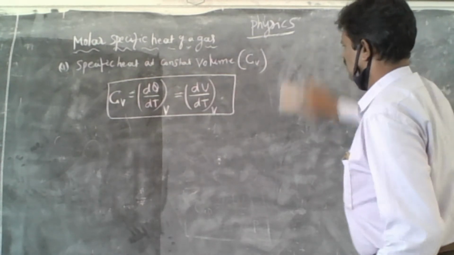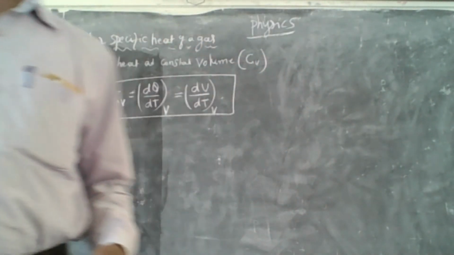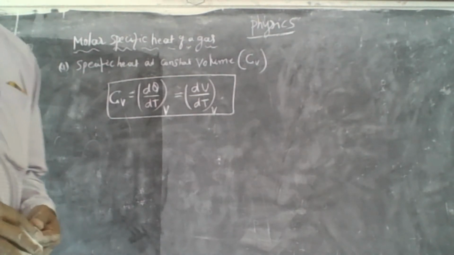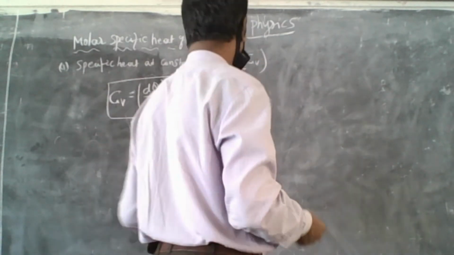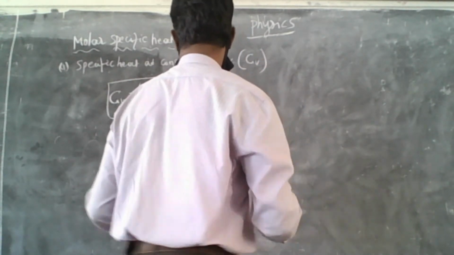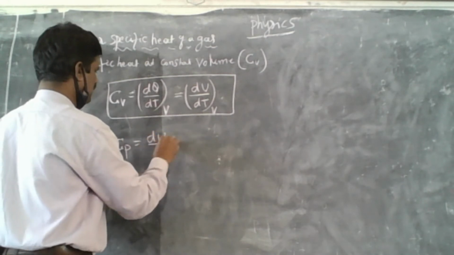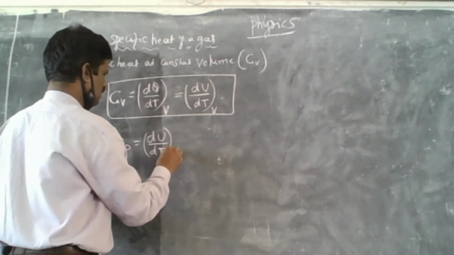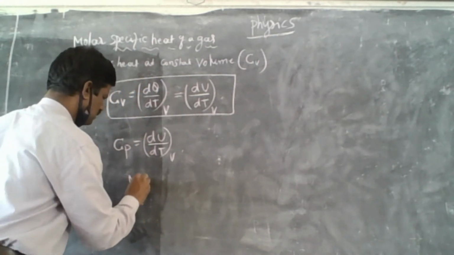Now we are going to discuss Mayer's equation. Now we know that Cp is equal to dU by dT.